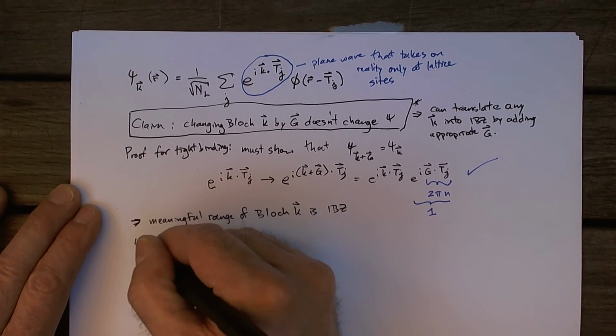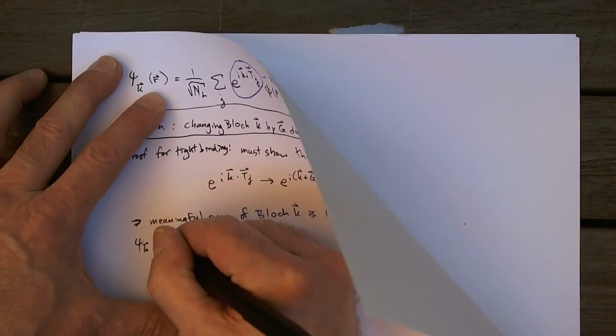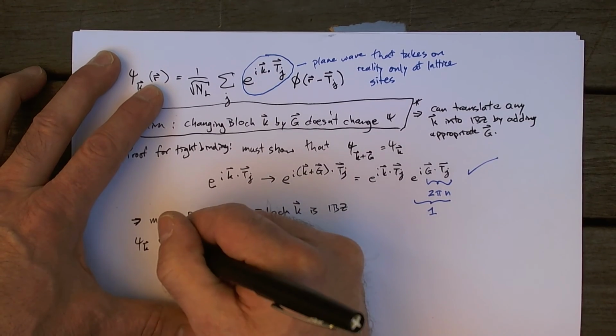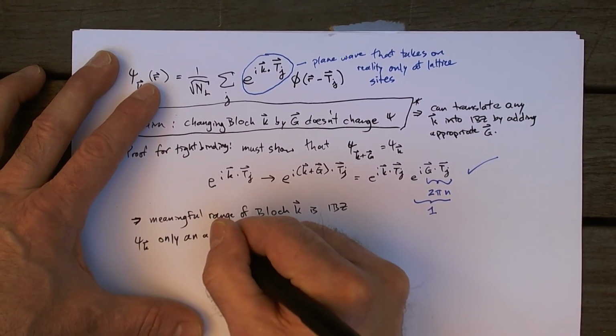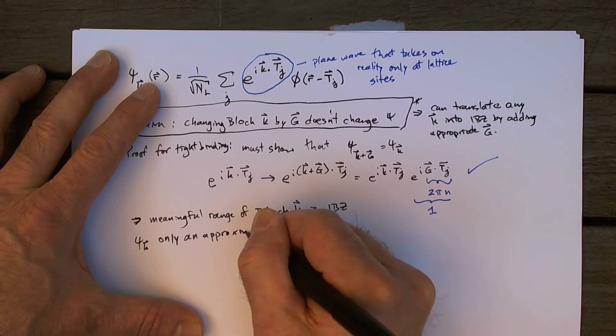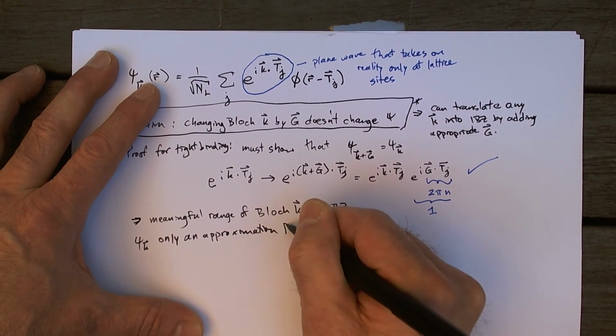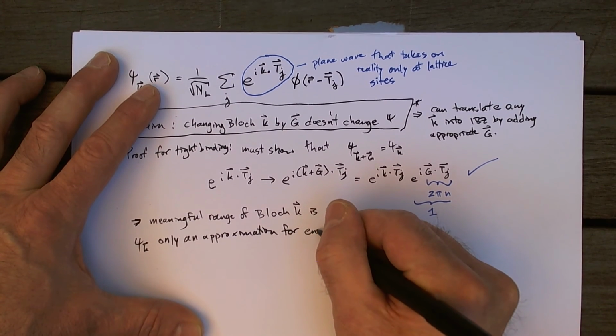So psi sub k, a little bit of wind here, is only an approximation for the energy eigenstate.